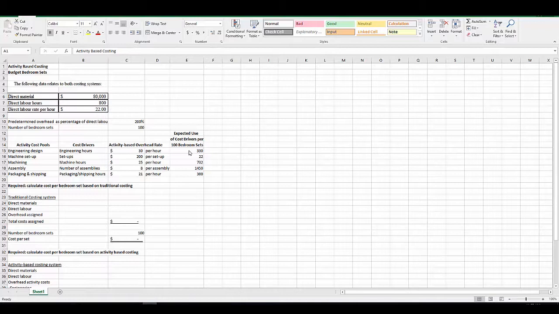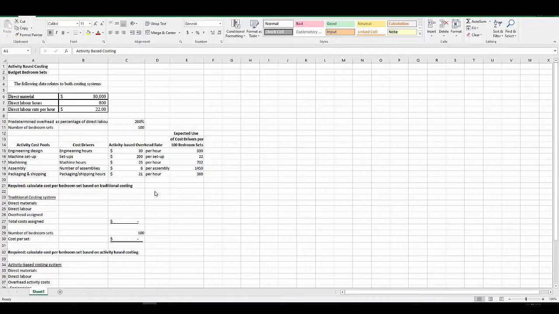So here, to make the 100 bedroom sets, you're expected to use 330 engineering hours, 22 setups, machining, 732 machine hours, assembly, 1,450 assemblies, and packaging and shipping, it's 300 hours of packaging and shipping.